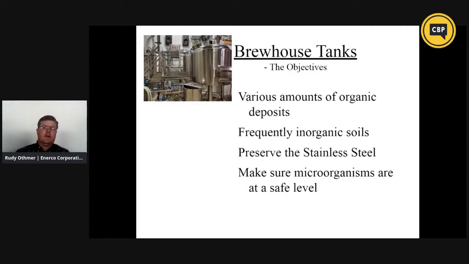Again, we want to preserve our stainless steel. And here, because we are starting our process and we've got a food contact surface, we need to assure that our microorganisms are maintained below safe levels.